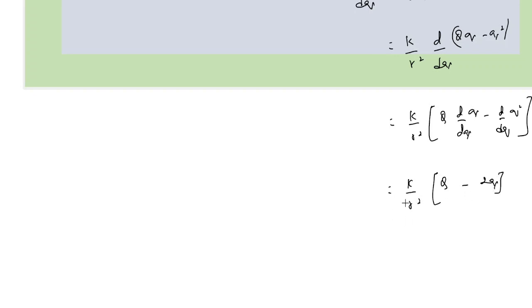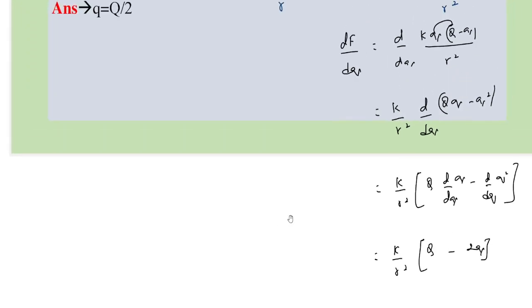But to find whether the force is maximum or minimum, we need to equate this first order differential to 0. So equating to 0, this term becomes 0 because you can take it out.